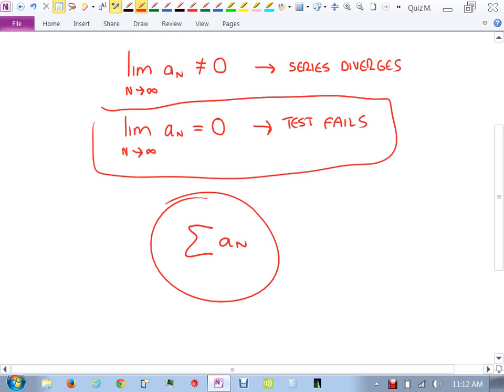Another thing I have to mention before we proceed today: there are some properties of series that I did not put up on the board that I'd like to point out that are in the book.